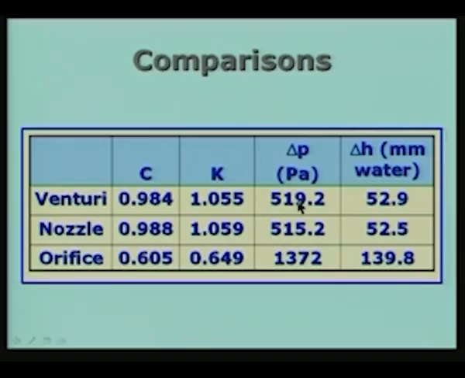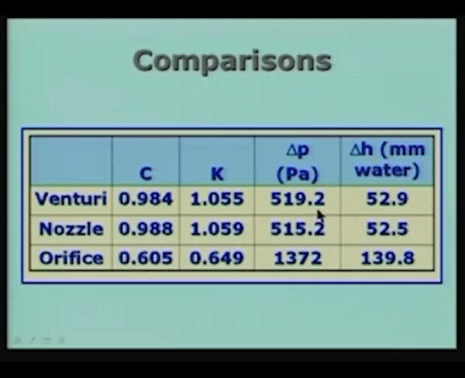You can see that 519.2, which was worked out in example 38, and 515.2 for the nozzle, slightly lower because the value of K is slightly higher, and for the orifice you get the highest value of 1372 pascals. In fact, I convert this to millimeters of water as I indicated.